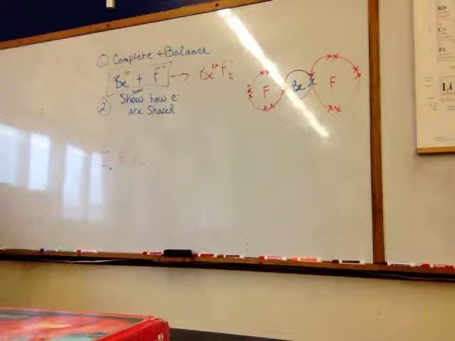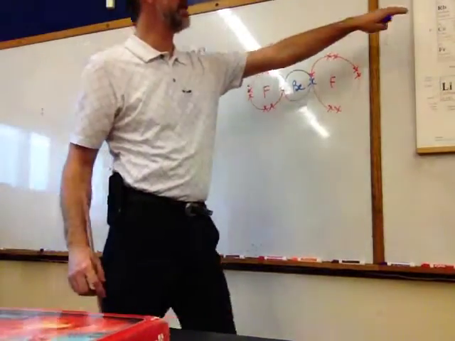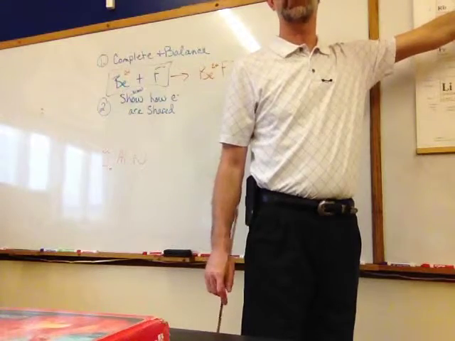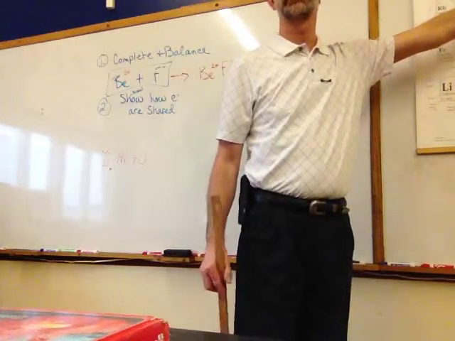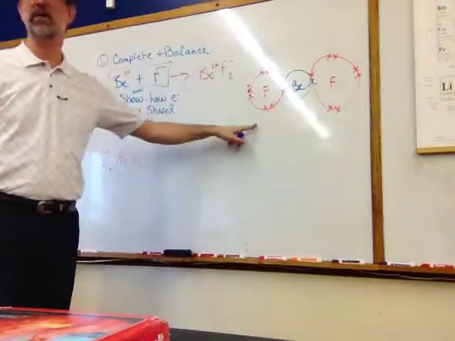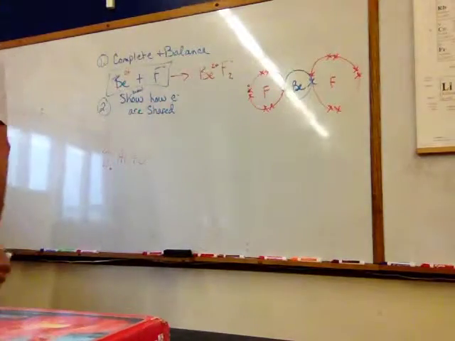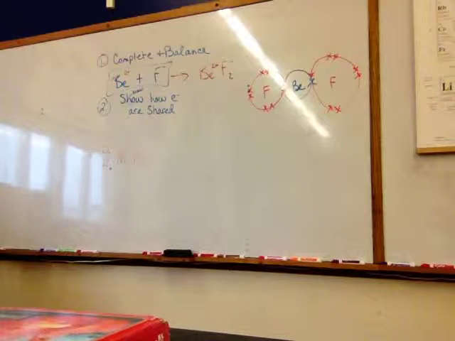You don't draw the ones that aren't involved in a chemical reaction. When we did atomic diagrams last time, you had to draw 23 electrons. If we're talking about the chemical combination, we only care about the valence electrons, so only draw the valence electrons in the outer energy level.